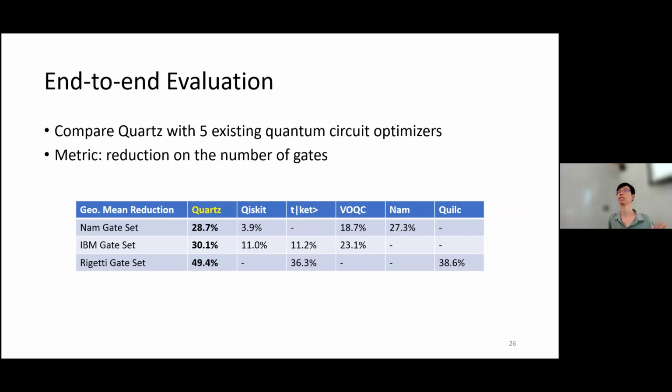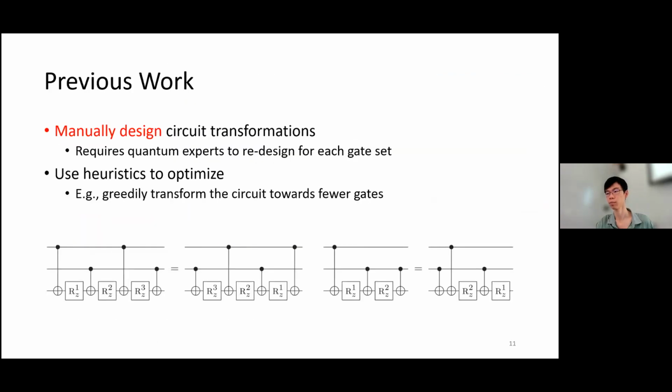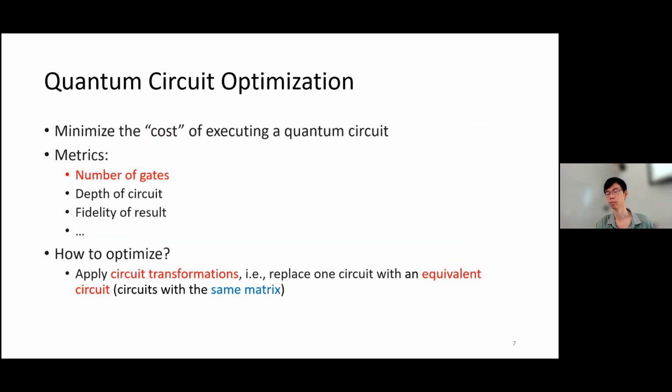Yeah, you already mentioned that the number of gates is some kind of proxy for the actual performance. Given a quantum circuit, if you are given a sequence of gates, you can put it in a circuit, and you will know the depth of the circuit.